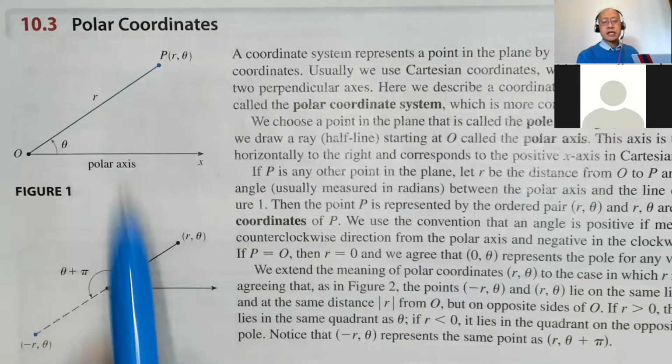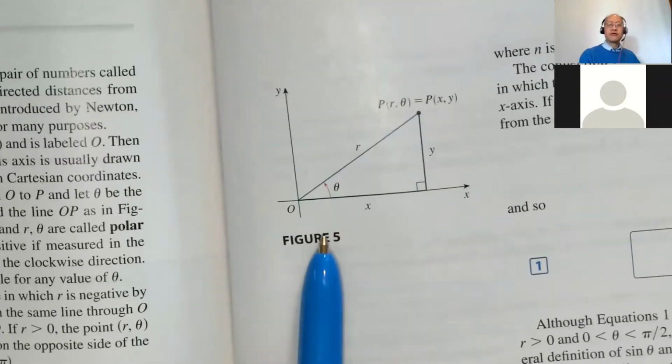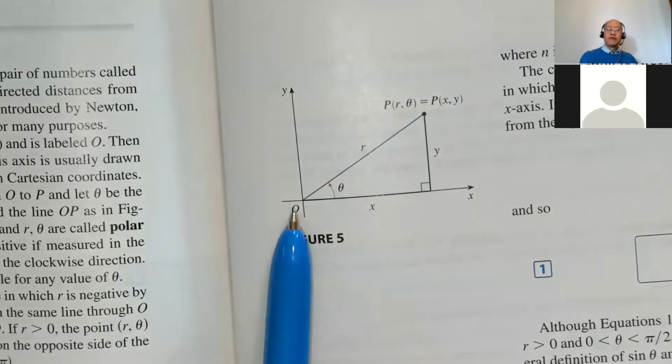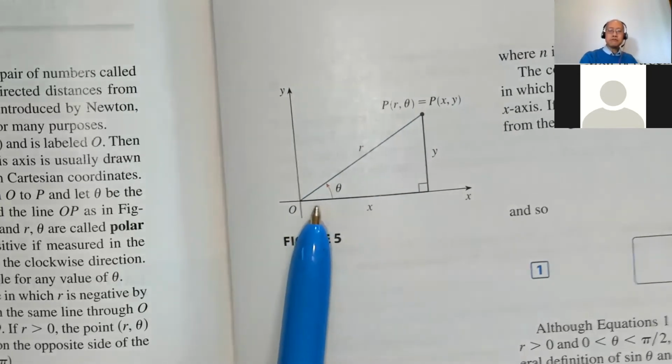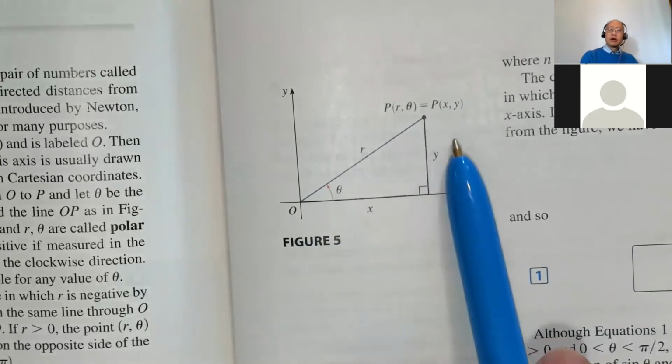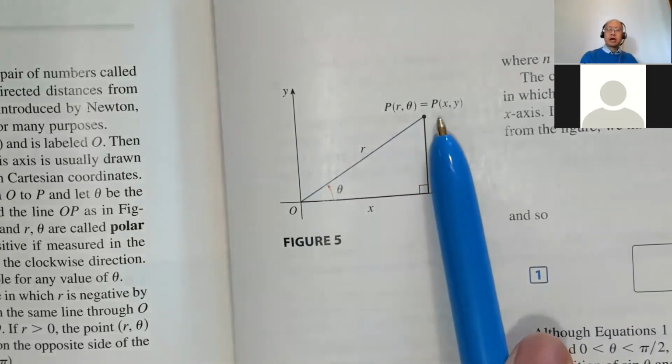Okay. The text gives you these, but I'm going to show you this figure, which is more useful, on page 659, figure 5. If you want to put this on your formula sheet, you may. All right, here's a point we're familiar with, x comma y.